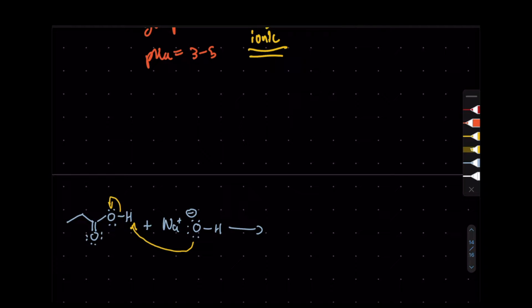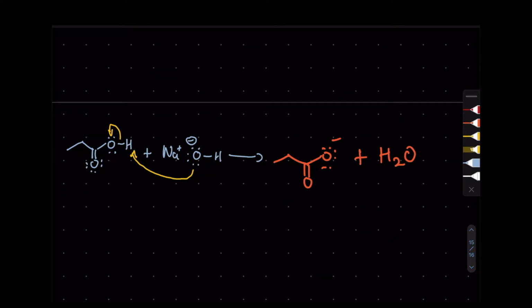And the result will be the oxygen gaining a minus charge plus a H2O, water forming, because 2 hydrogens with an oxygen is water. So from here, you might ask, where is sodium then?